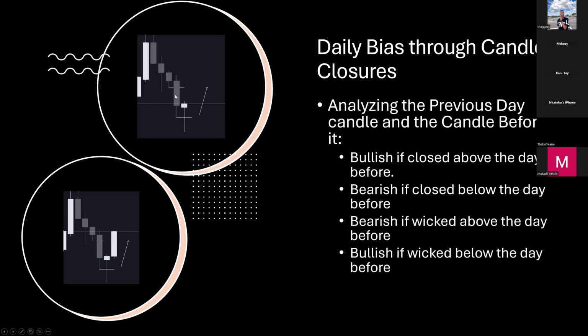But as you can see, we could only wick, we couldn't close. Tuesday closes back inside Monday's range, which means when I go into Wednesday, I'm going to expect Wednesday to be bullish, at least to Tuesday's high. It can reach Monday's high again, but I'm expecting it to at least reach Tuesday's high. And just like that, I've got a bullish bias.